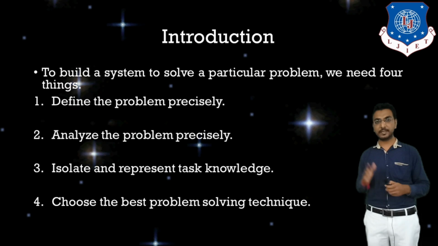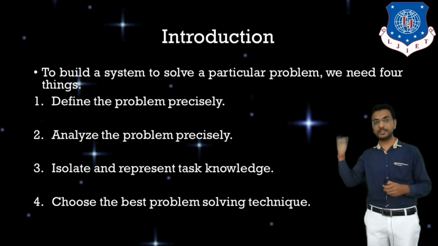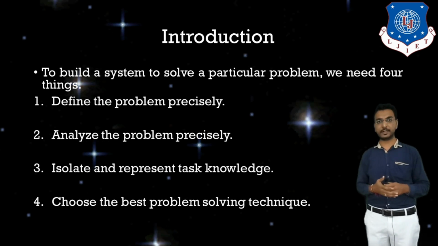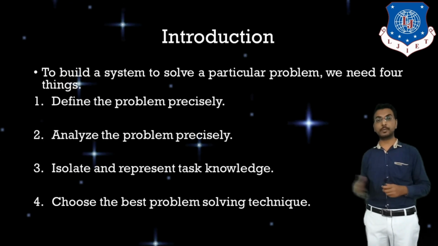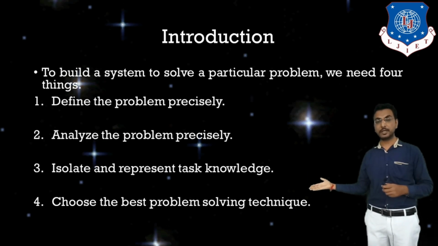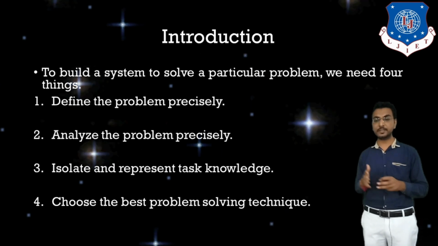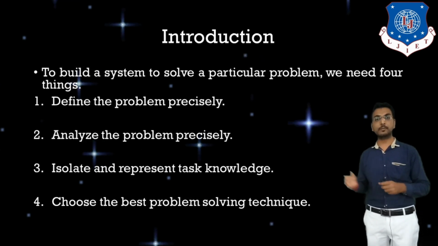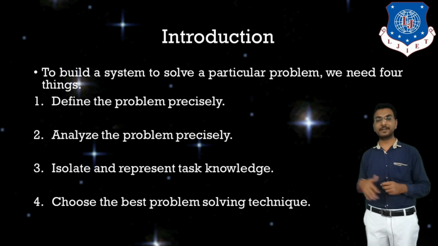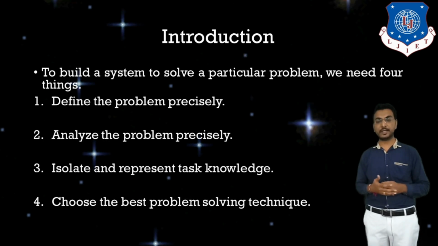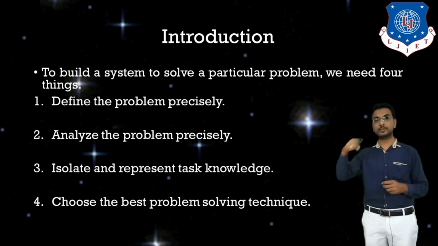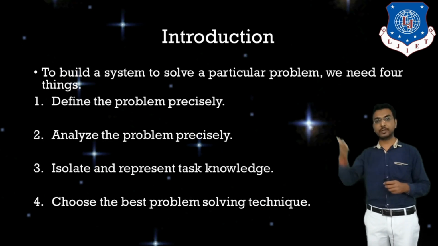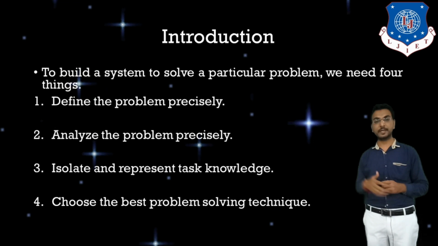And last is to choose the best appropriate problem solving technique. For example, let's say we have a number of alternatives to solve a problem. In tic-tac-toe, you can win in a horizontal manner, in a vertical manner, or in a cross, diagonal manner.